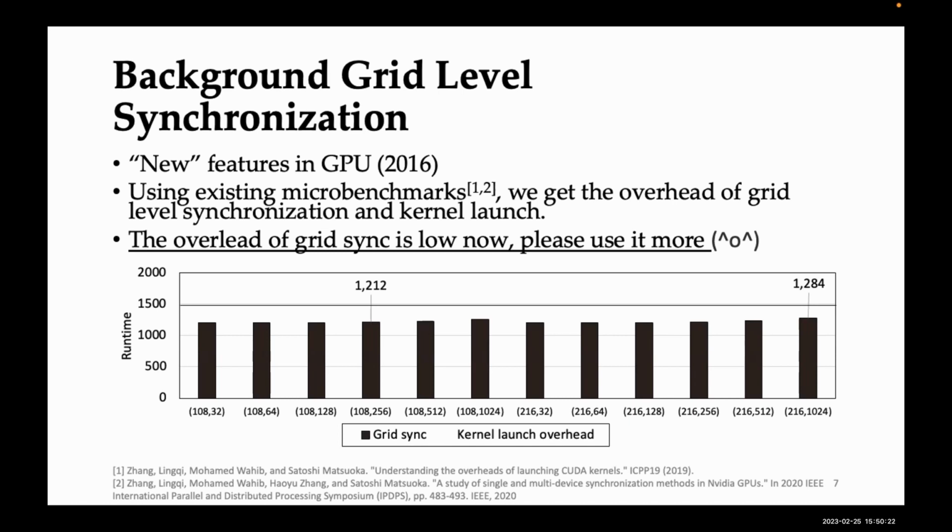So people introduced at the time, 2010 or 2008, software device-wide barriers that allow you to hide a little bit of that kernel launch overhead. As time progressed, this kernel launch overhead dropped, but still there is some motivation in having a device-wide barrier, if not for performance, then also for programmability.